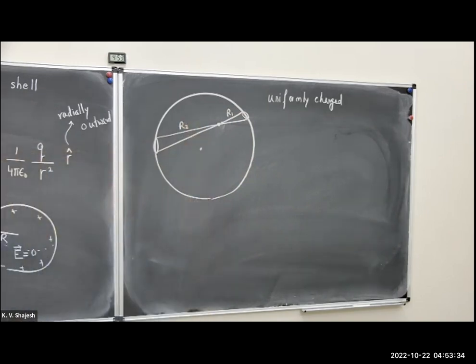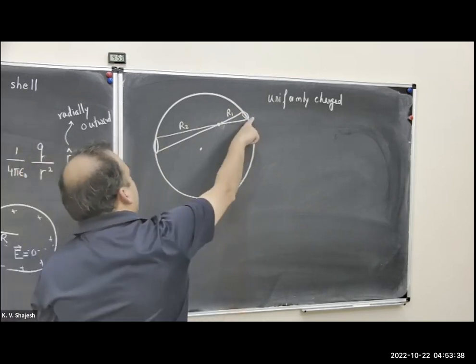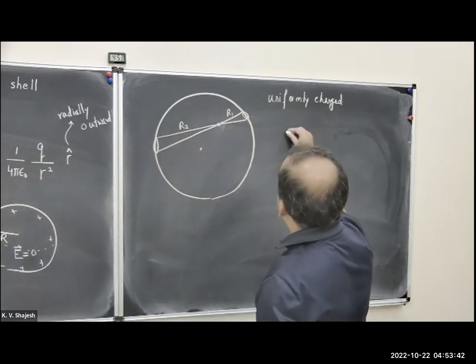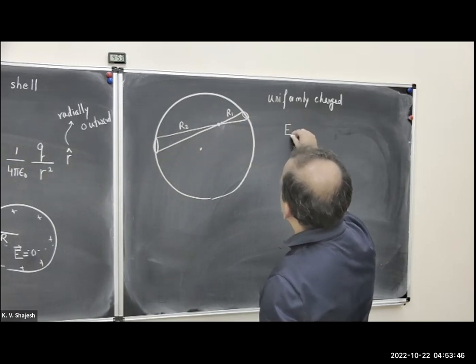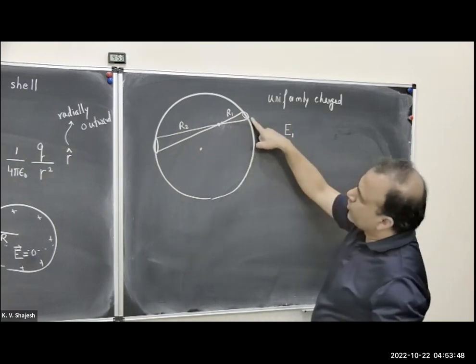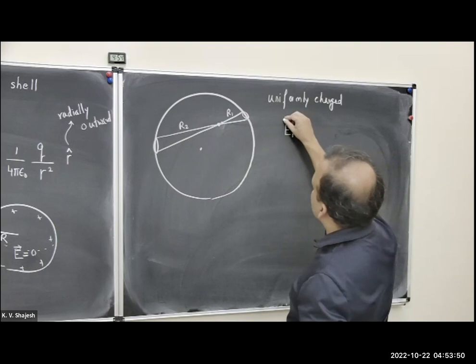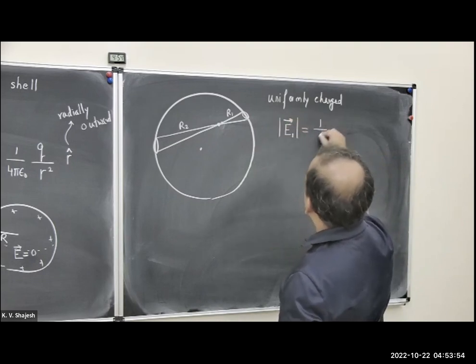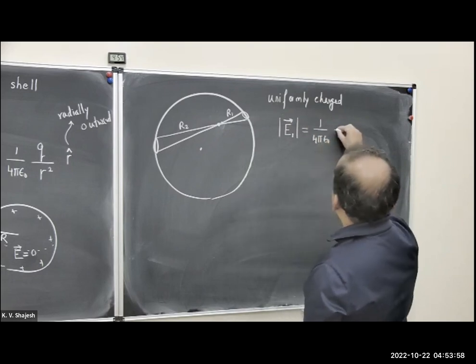And let's simply calculate the electric field due to one side and the other side. So let me calculate the magnitude of E1. This will be the electric field due to the right side in here. That's equal to 1 over 4 pi epsilon naught, times dq1 over R1 square.